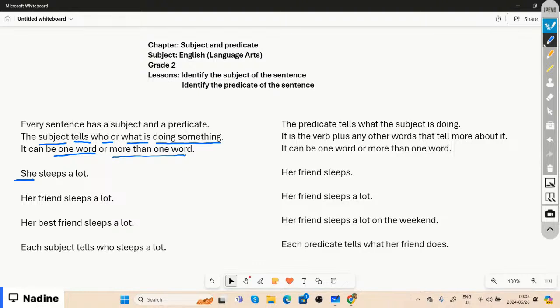The next sentence is her friend sleeps a lot. And remember, we said that our subject can either be one word or more than one word. It tells us who or what is doing something. So we can say she sleeps a lot, or we can say her friend sleeps a lot. Who sleeps a lot? Her friend. So that is two words, but still, her friend is our subject that tells us who sleeps a lot.